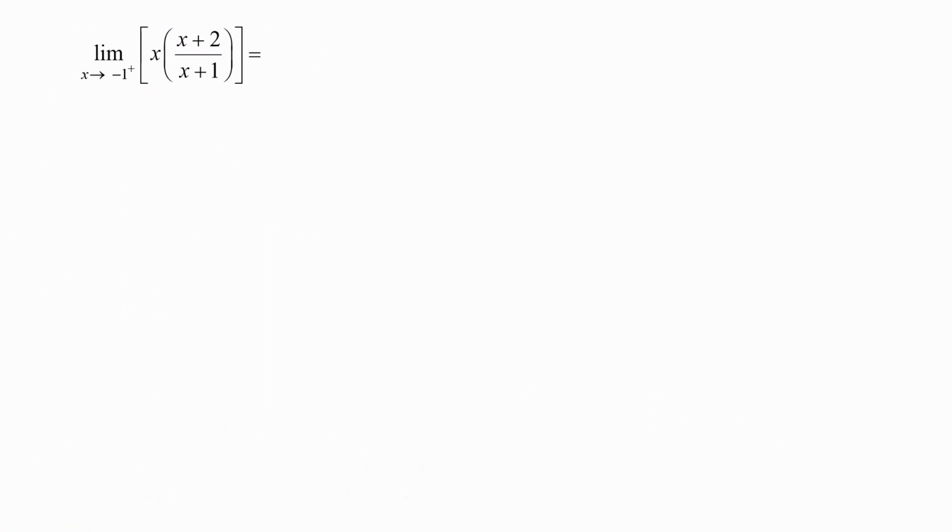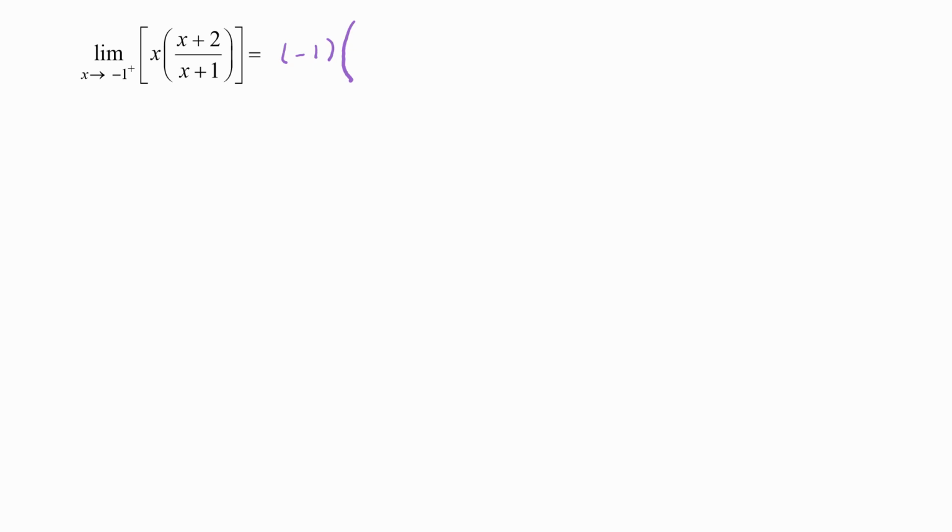In this example, we have to evaluate the limit as x approaches -1 from the right of the quantity x times quantity x plus 2 over quantity x plus 1. So let's go ahead and do a direct substitution. Plugging in here, we are going to get -1. We don't care if it's -1 from the right or left, because no matter what, it'll still be -1.